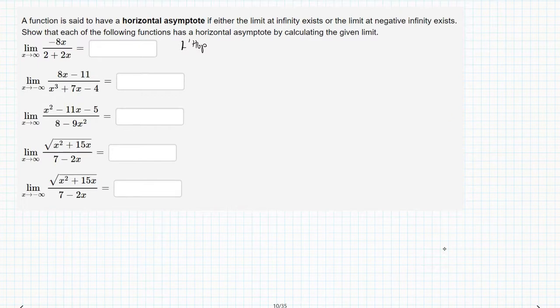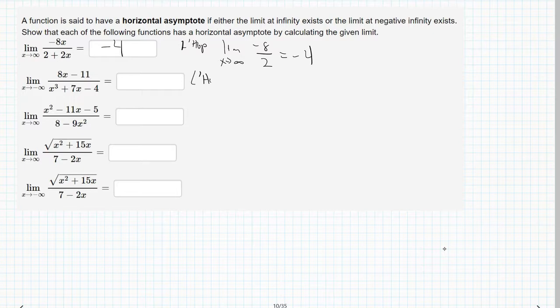in our first case, what do we have? So L'Hopital's rule, we'd get limit as x approaches infinity of negative 8 over just 2. So that's negative 4, and that would be our final answer right there. Okay, we could do the same thing for the next one.